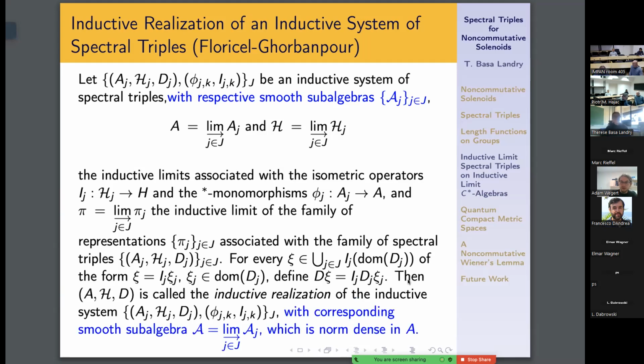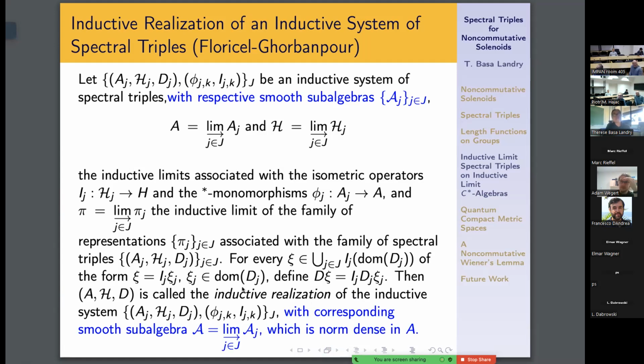So then this inductive realization might not be a spectral triple. You could talk about the inductive realization of an inductive system of spectral triples with corresponding smooth subalgebras, and this will happen to be norm dense in the inductive limit C-star algebra.